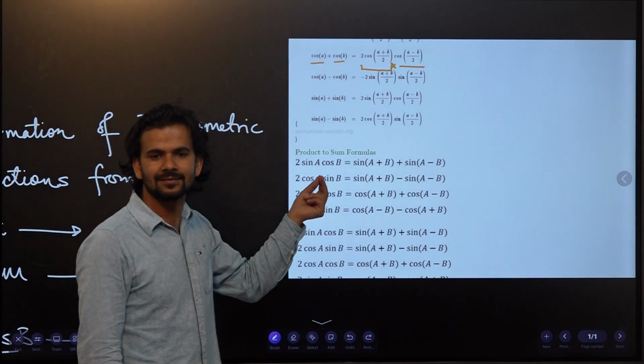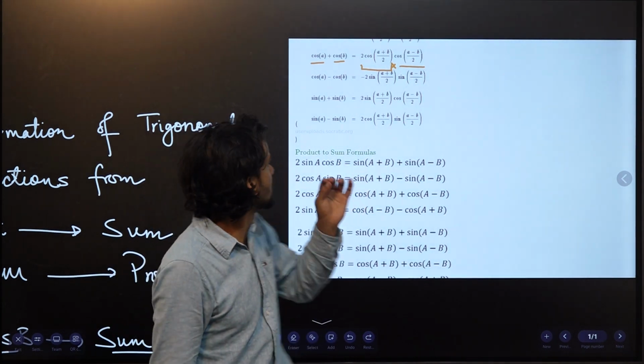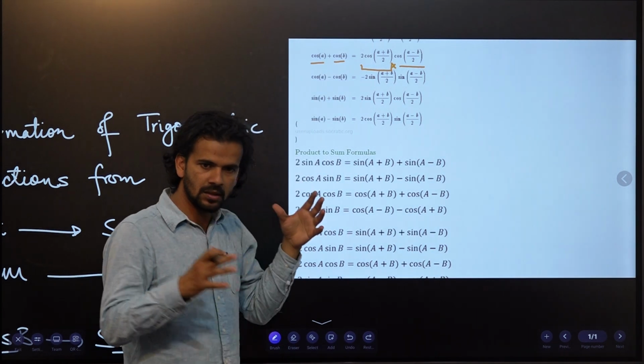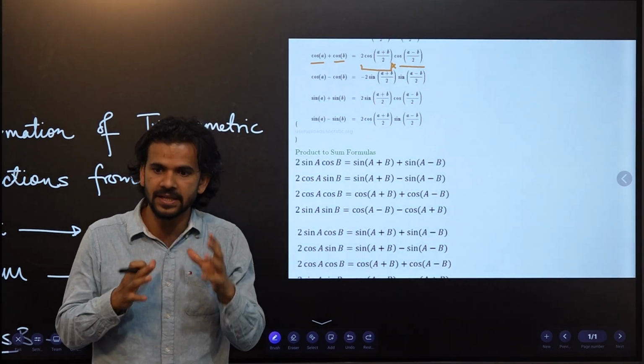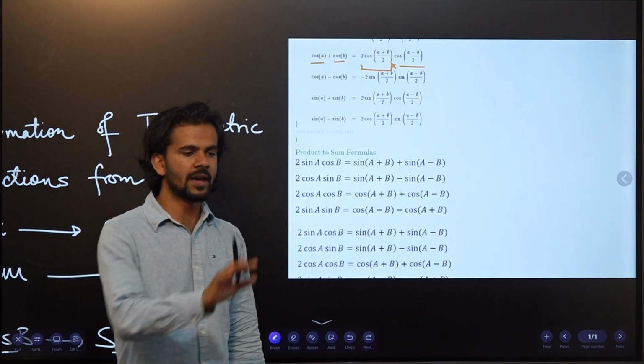So look at this, isn't it? If you are given a form that is a sum, you can change it into product.